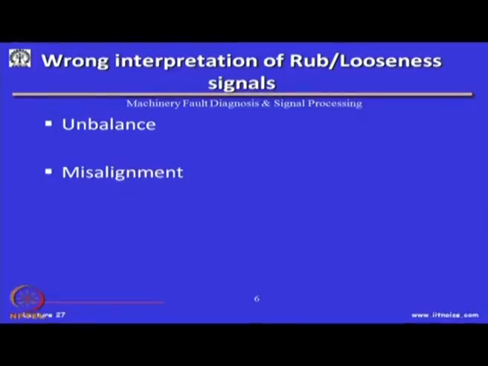And another important thing we have to keep in mind, that usually a rub which has occurred because of a loose component will manifest as excessive vibration, and because the 1x etcetera will be high, people many a times misunderstand them as unbalance and misalignment. So, we have to be careful against that while measuring such rubs because of loose components in a machinery.